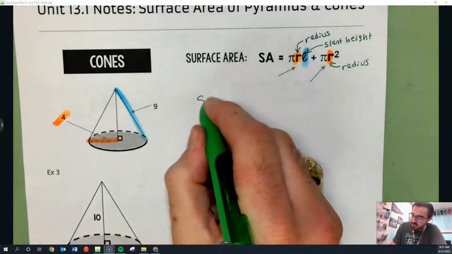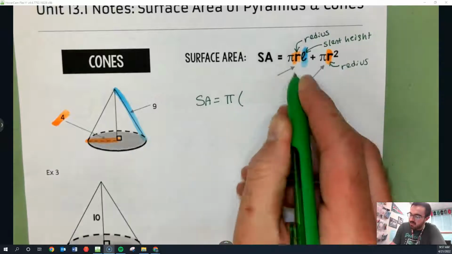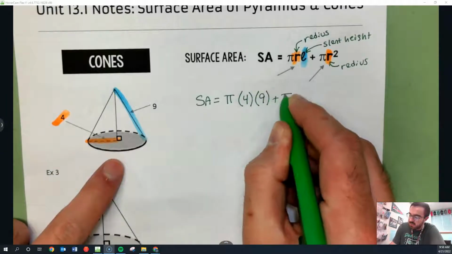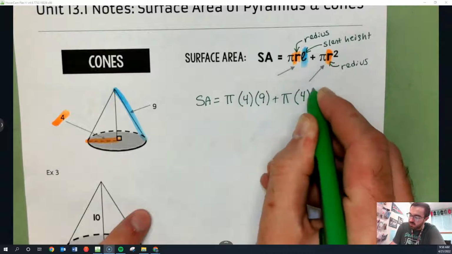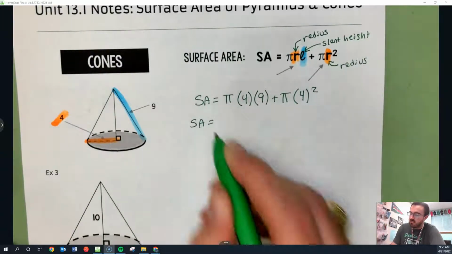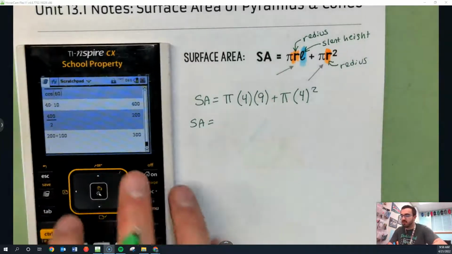So in this picture right here, if I'm using this formula, I'd have pi, and then r is 4, L is 9, plus pi 4 squared. Okay, let's keep going. They're probably going to want it in terms of pi and in decimal form, so let's just go ahead and do both.